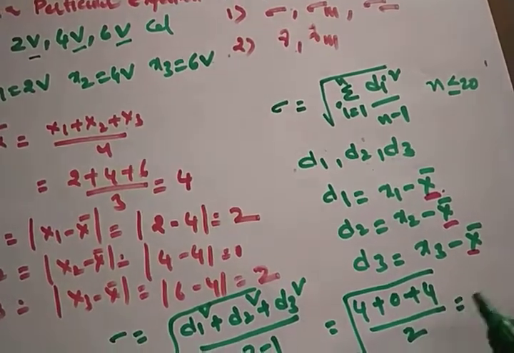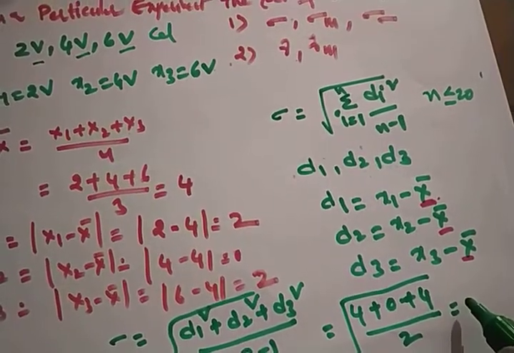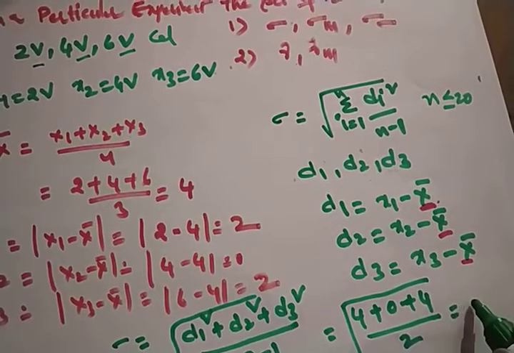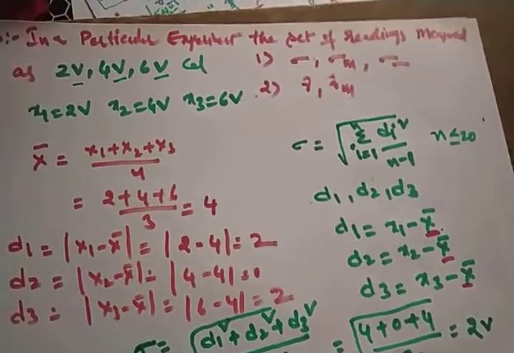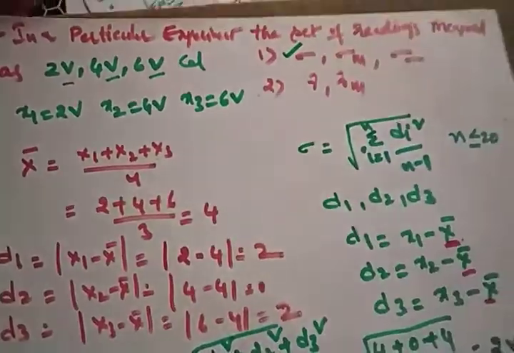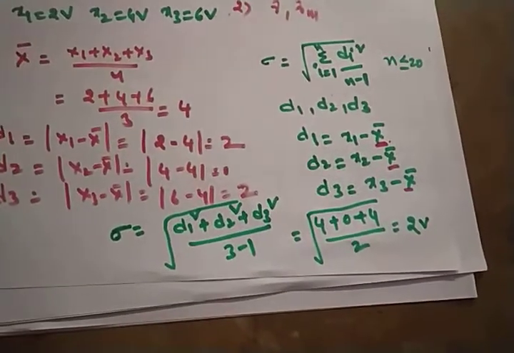So the value is square root of 8 by 2, which is 2 volts. So sigma value is 2 volts.